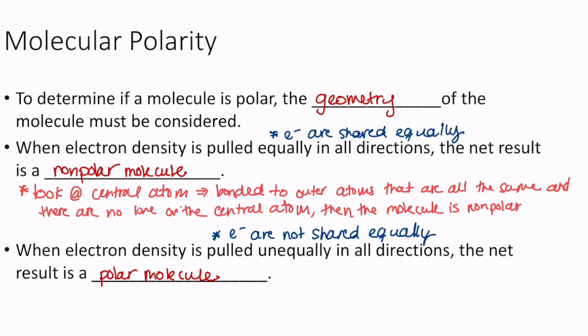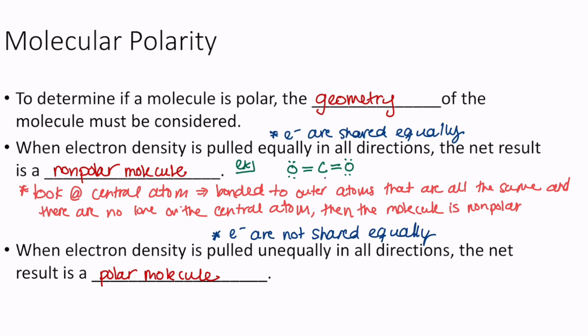So I look at my central atom. Is there a difference in electronegativity more than 0.4? Absolutely. Between carbon and oxygen, there definitely is. So the electrons are always going to move towards the more electronegative atom.